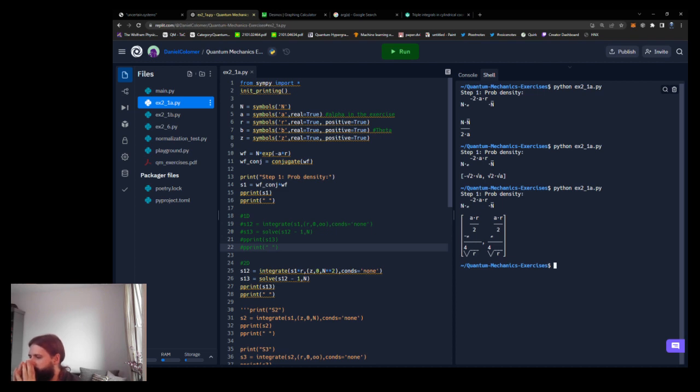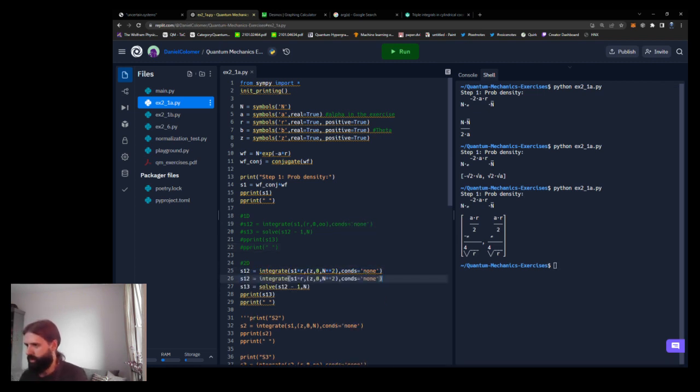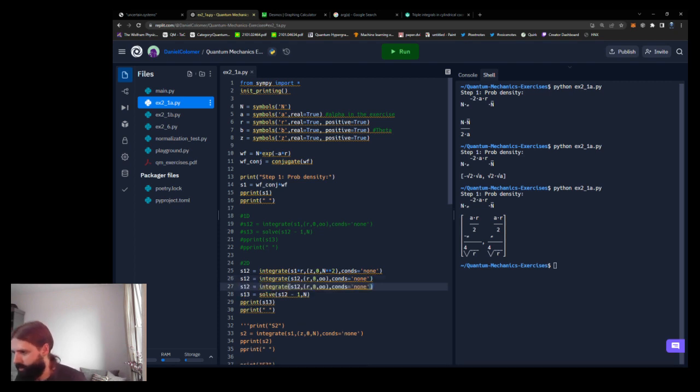Yeah, okay, sorry, but that's not the whole thing. So that's just, we first integrated it over Z. Then we need to integrate it over R. And then we need to integrate it over theta.